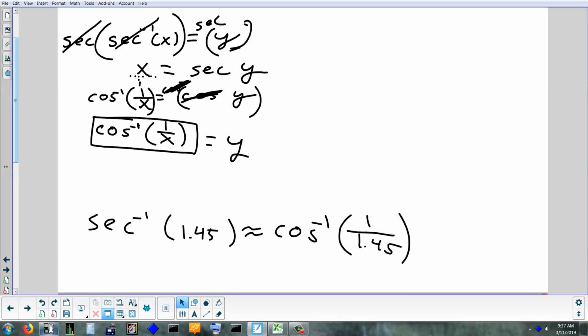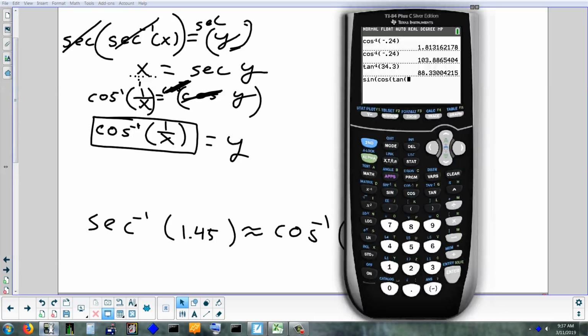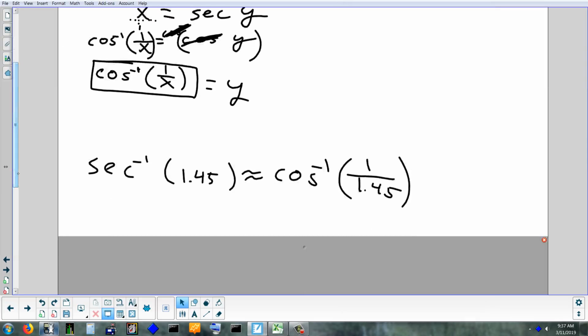Switch the trig function, flip the number. Okay, let's see what we got. Second, inverse cosine, 1 divided by 1.45. You should get about 46, if we round up, 46.40.